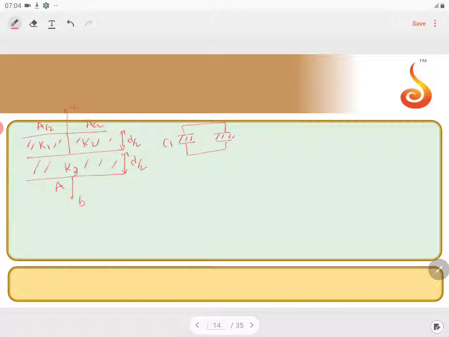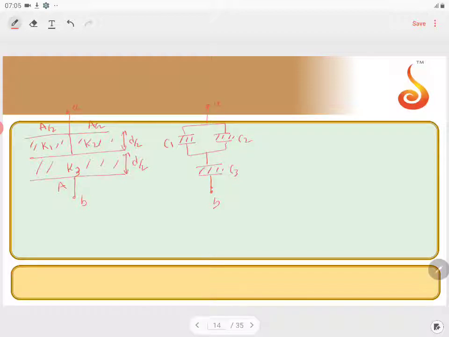This is C1, this is C2, this is C3, this is A, this is B. This is the equivalent circuit.